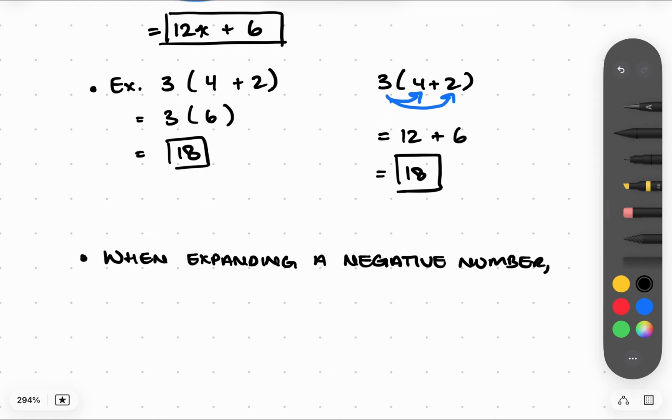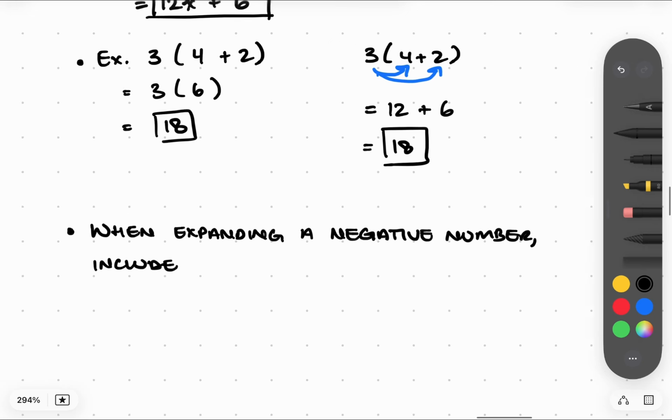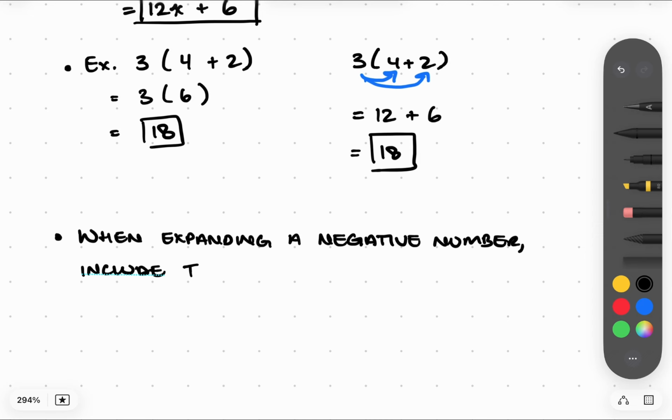We're going to say include the negative, or let's say the integer sign, in your calculations.